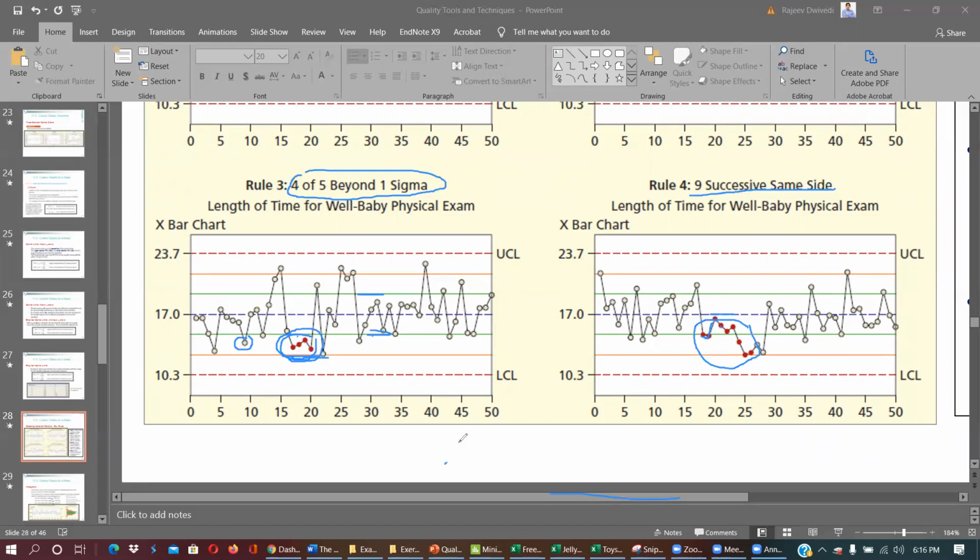If it is coming sinusoidal, we can understand. But successive 4 is coming, successive 9 is coming. That means we have to inspect, check our process, and look into that in order to correct it.